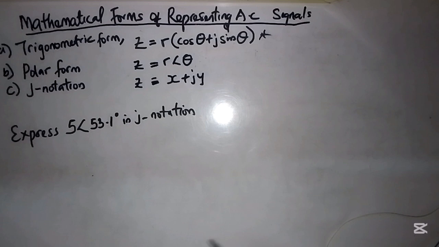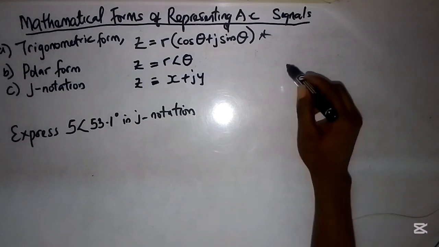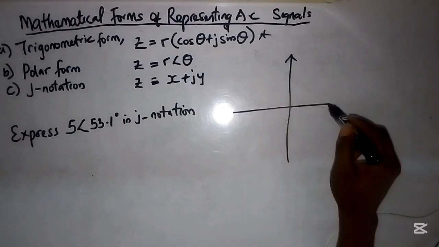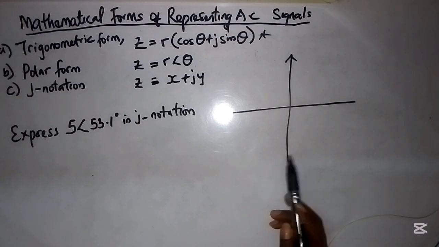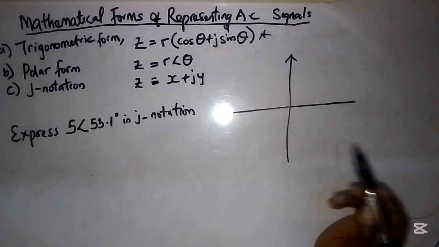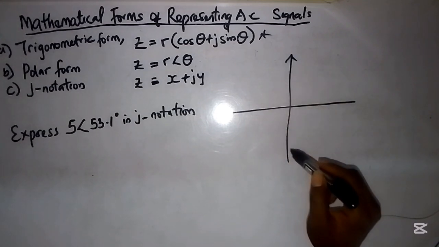Very quickly, I'll just take your mind to how we have our coordinates, the way we used to measure the quadrants. If you can remember vividly, quadrants are measured in the anti-clockwise direction.